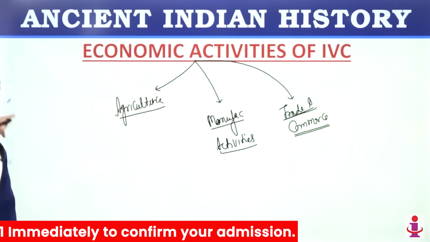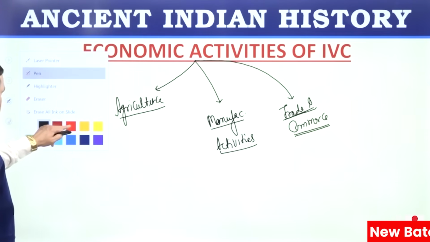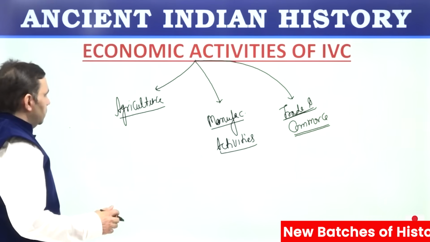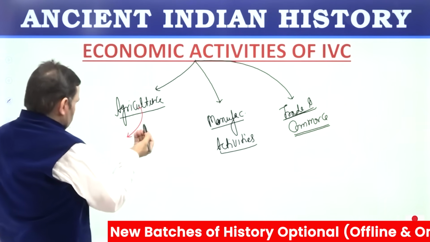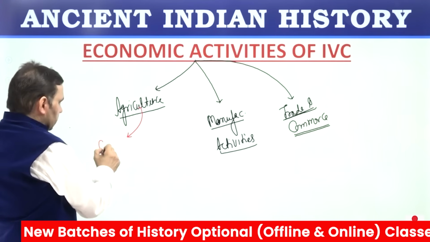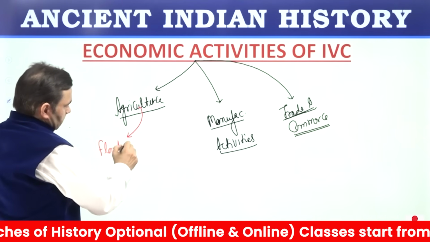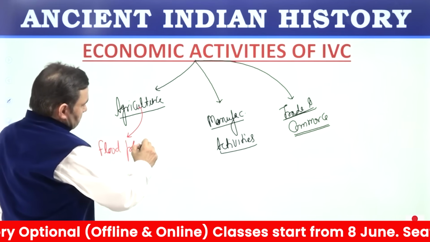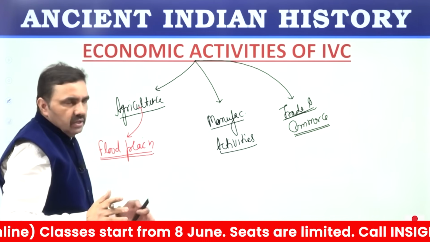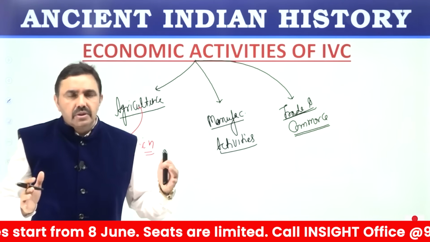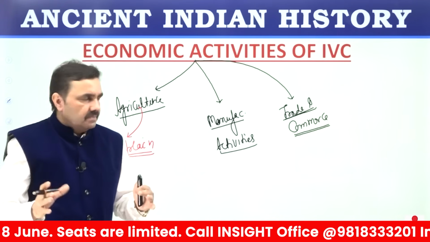So what kind of agriculture was there in Harappan civilization? Harappan people used to have agriculture in flood plains. Flood plains means in the vicinity of the river or the river coast, they used to have agriculture.